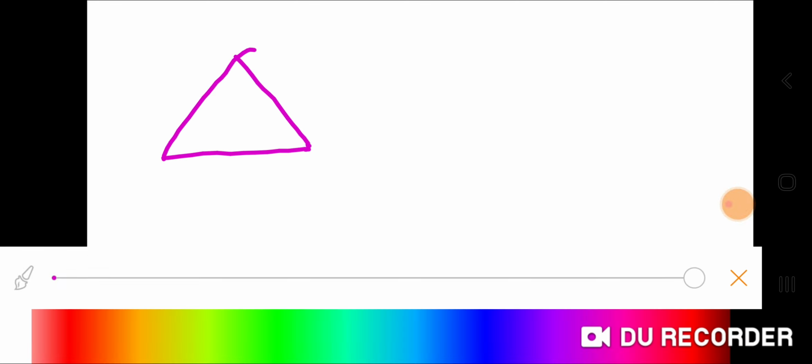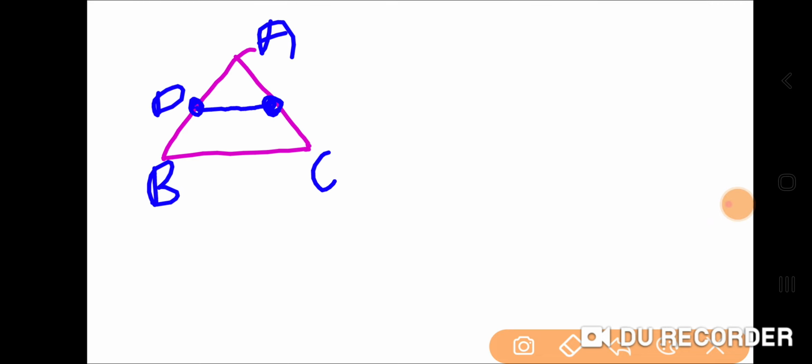This statement says that if you consider a triangle and form a line segment by joining the midpoints of any two sides of the triangle, suppose the triangle is named ABC and the midpoints are D and E, then DE is parallel to BC.